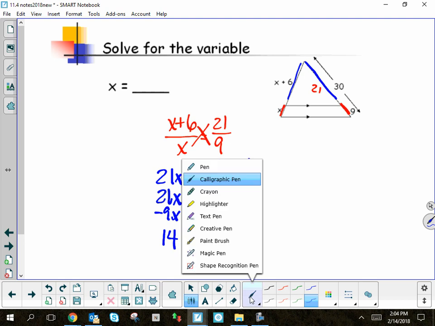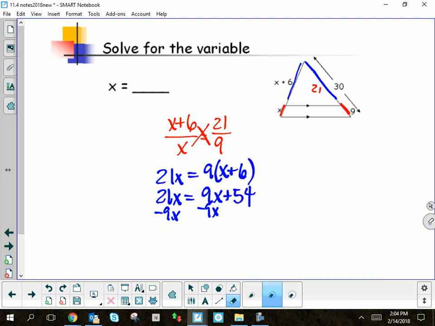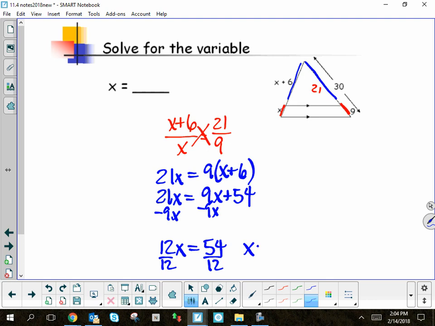Can't add right now. 21 minus 9 is 12. Okay, 54 divided by 12 is, I don't know, my calculator, looks like it would be 4 and a half, 4.5. So x equals 4.5.